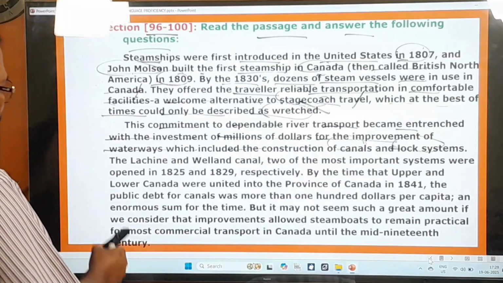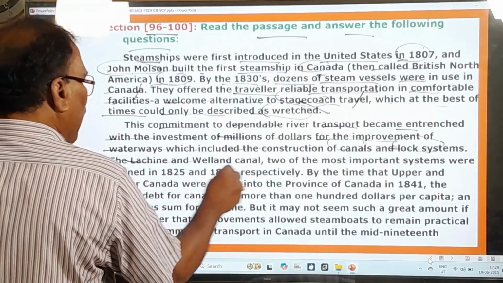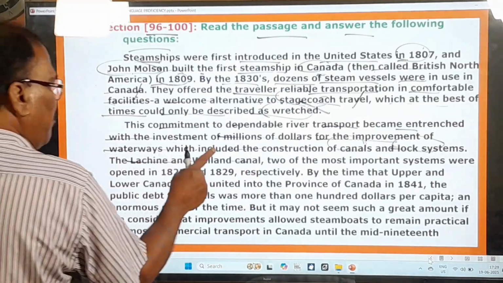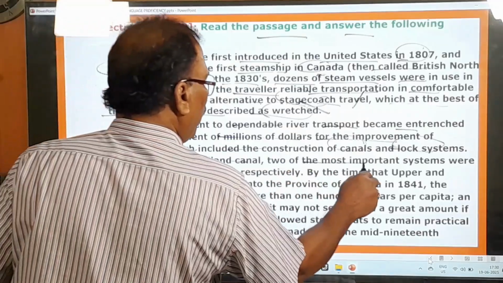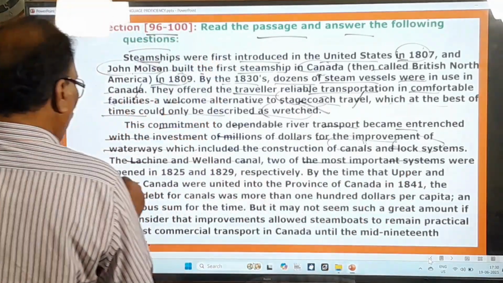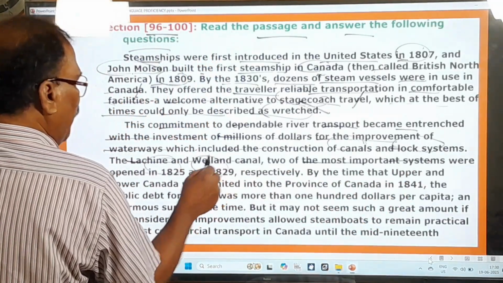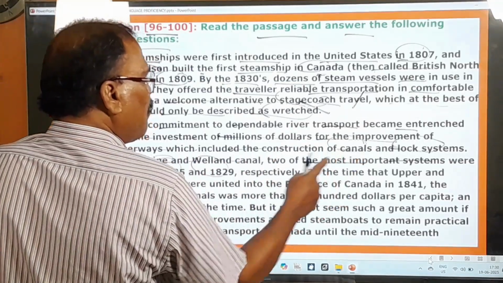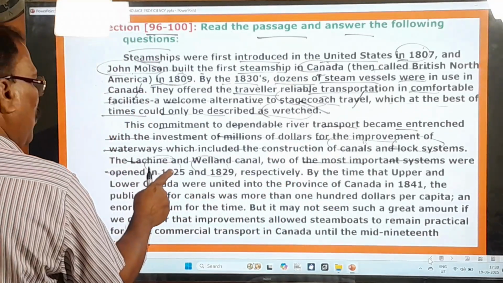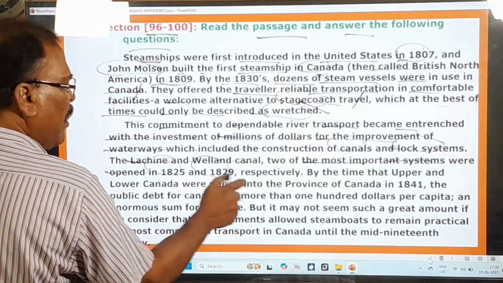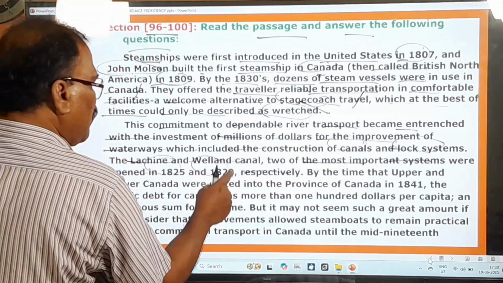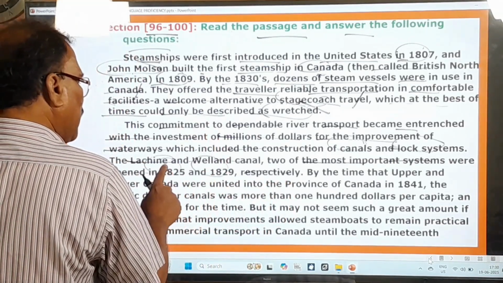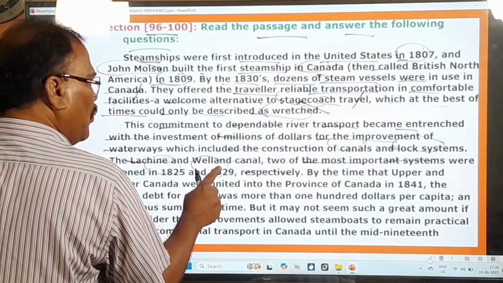And here the Lachine and Welland Canal, two of the most important systems, were opened in 1825 and 1829 respectively. So these two canals were opened for the people, one in 1825 and another in 1829.